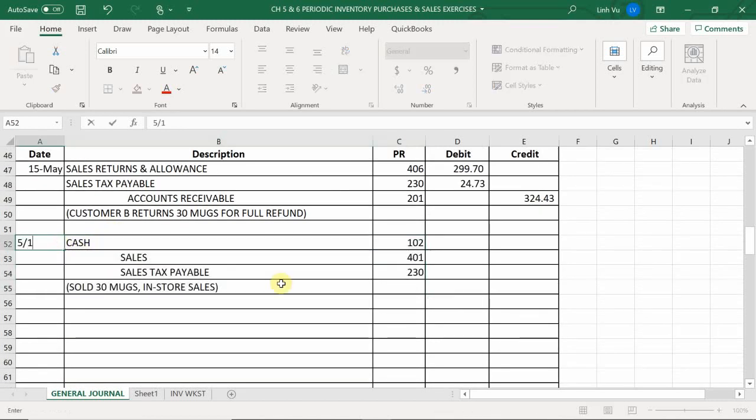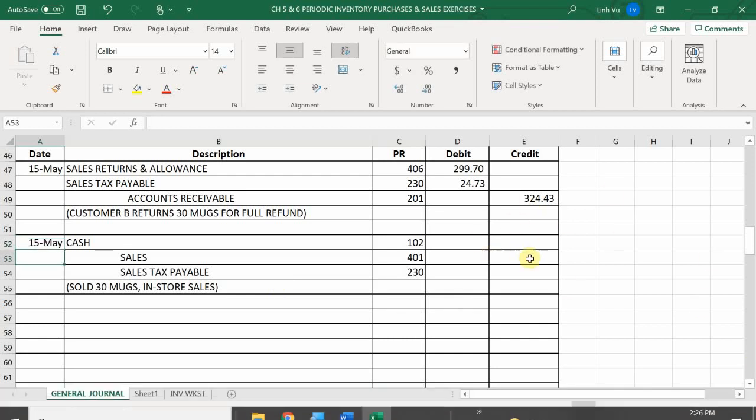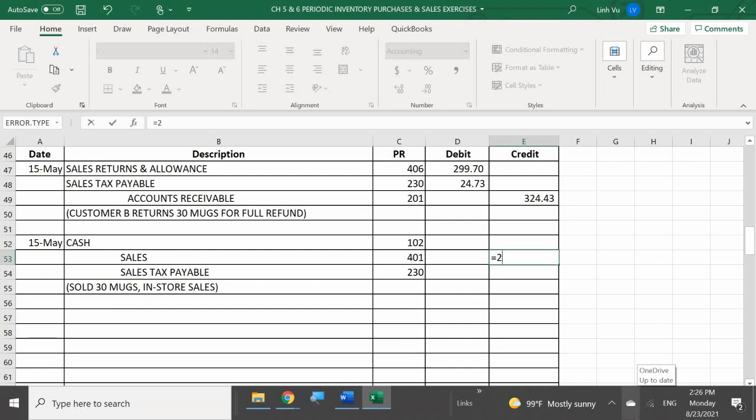So 5/15. Okay. So in this case, I sold 25 mugs at $9.99. What do I do with this? How much is my sale? $249.75. How much tax am I going to be collecting? $20.60.